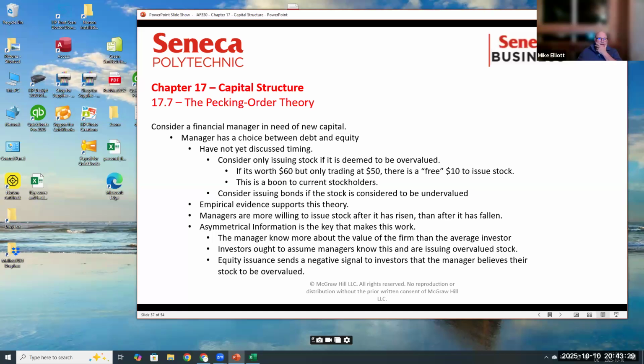Consider this. If I go to issue stock, we talked about signal. Same with debt. If I go to issue debt, we talk about signal. People will buy the stock in anticipation of higher earnings because that's what I have signaled.